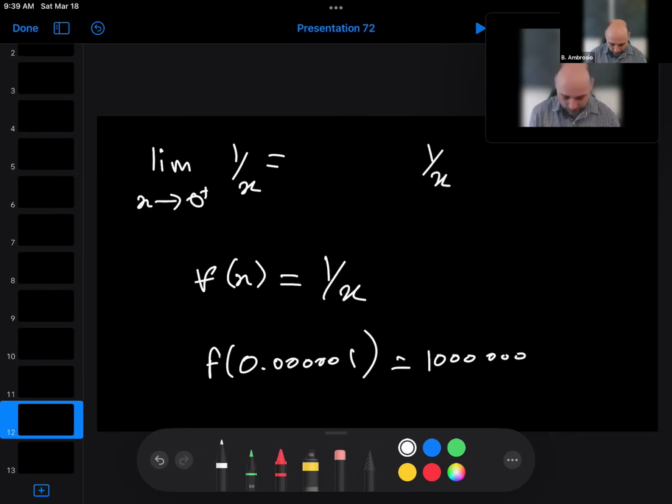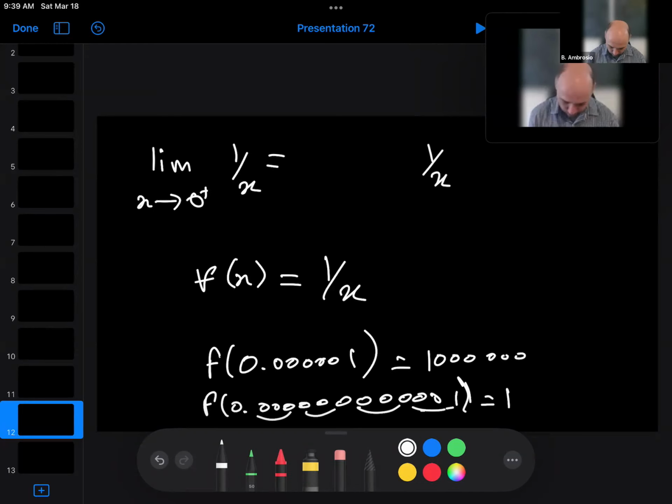So you see, the smaller here it becomes, 3, 6, 9, 11, 12, then I will have a lot of zeros, okay?